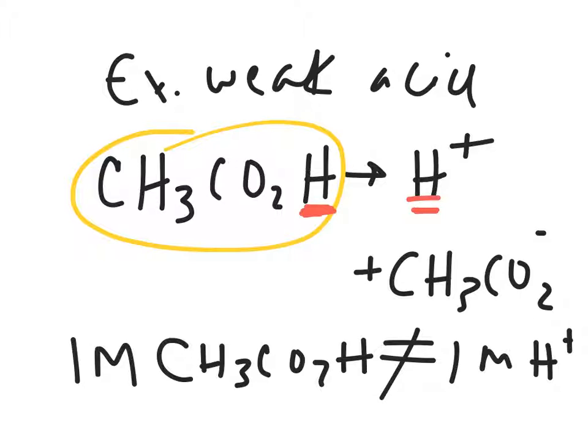So it's not a 1-to-1 mole ratio. So you can't simply just take the negative log to calculate the pH, because the concentration of acetic acid here is not equal to the concentration of H plus that gets produced.